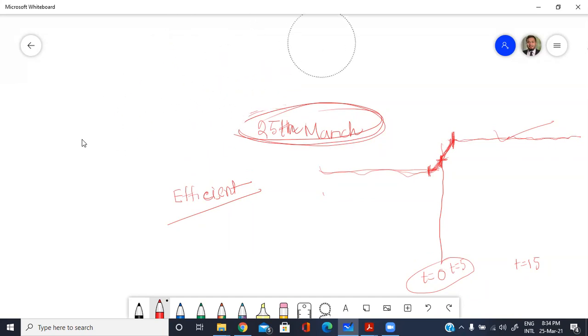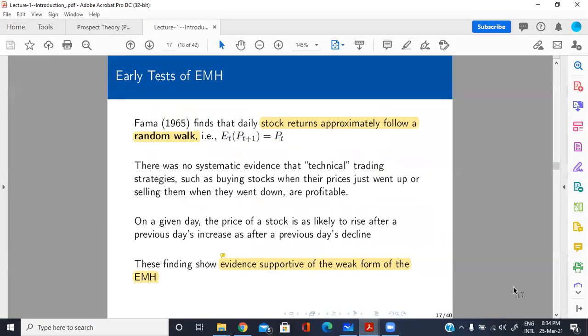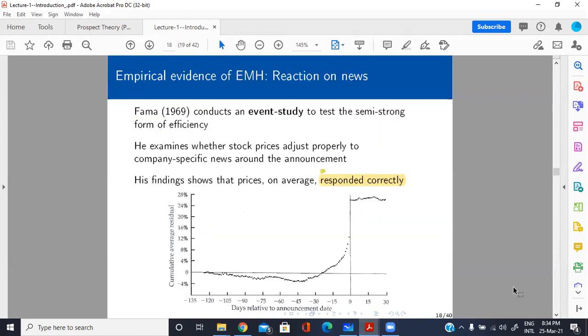So Fama has exactly got this by taking the event data in the late 1970s, 1969. He got that the price got adjusted on the event date, and there has been no significant movement after this event date. That's why he concluded that market has semi-strong form of efficiency.